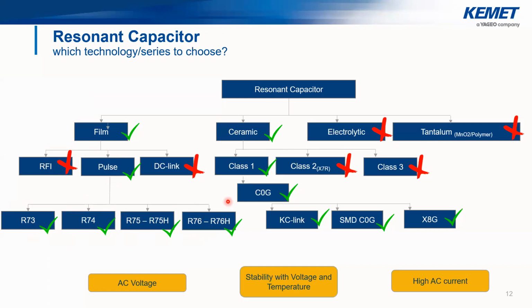And also from the ceramic C0G dielectric, we can select these three families. So we have the KC Link, we have the SMD C0G, and we have the XAG series, which is under development. And it is basically the same as the C0G, but can go higher in temperature, up to 150 degrees.